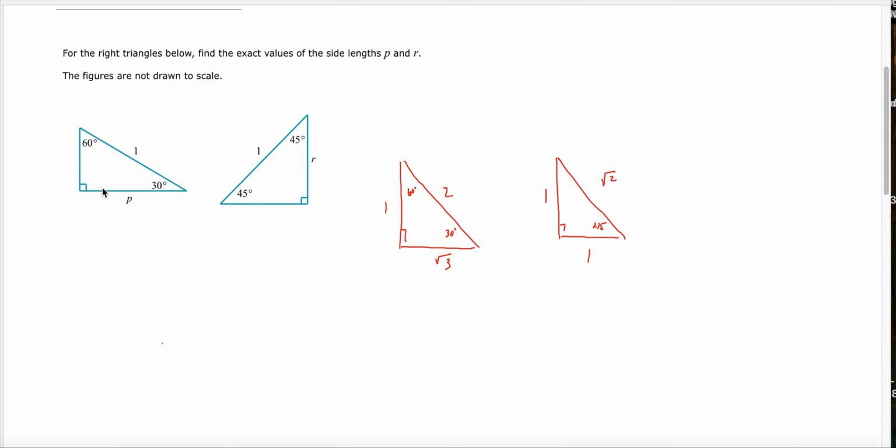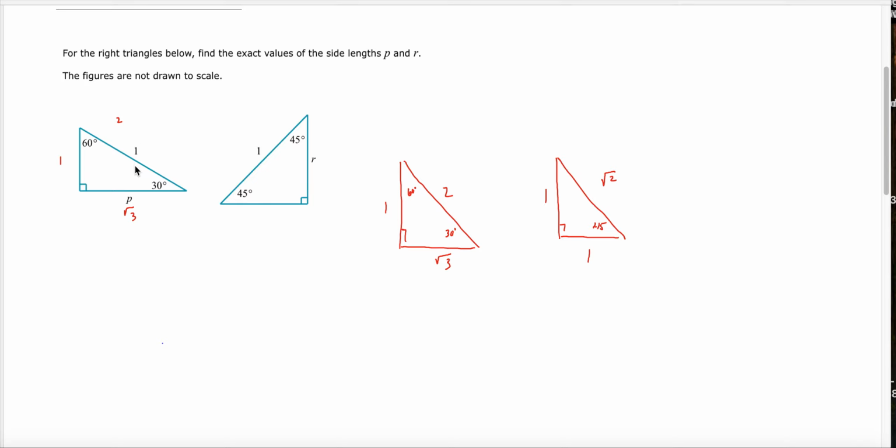Okay, so when I look at this, the hypotenuse is 1. So if you think about what my sides are, opposite 60 would be square root of 3. We know opposite 30 would be 1, and the hypotenuse 2.